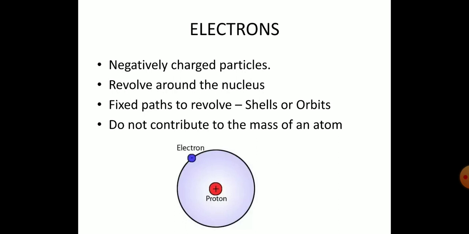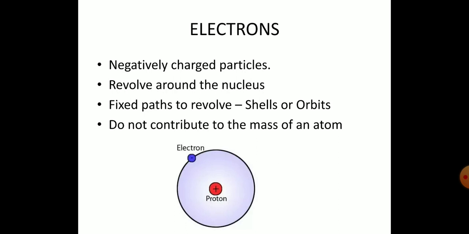So the first thing you should know is that an electron is a negatively charged particle. It revolves around the nucleus, and the fixed paths in which they revolve are called shells or orbits. Okay, now the mass of the electron does not contribute to the mass of an atom.